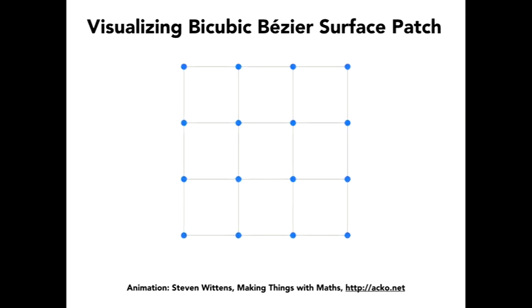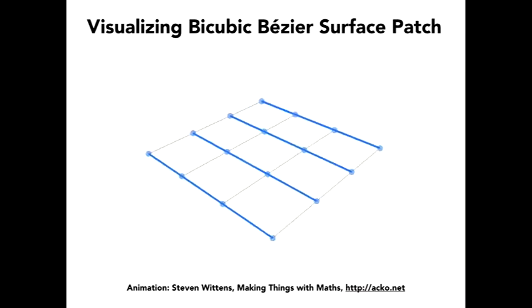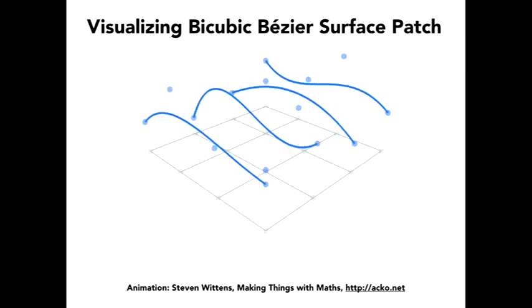Let's just see that in animation. So here are 4 control points. Let's pick these 4 lines. Let's say the control points happen to be here. That would define these 4 Bezier curves. If we pick t running from 0 to 1, from one side to the other, those 4 blue control points define a cubic Bezier curve. That's shown in blue here.